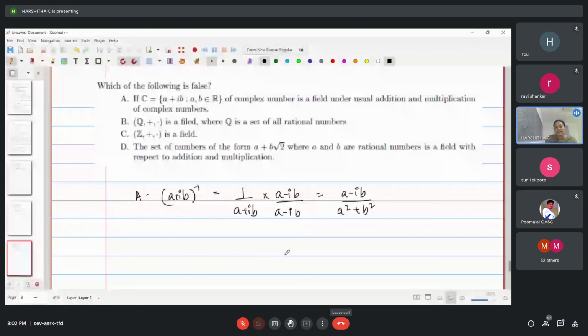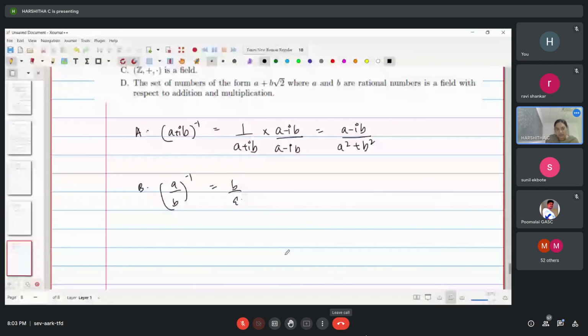And finally, the last one, you can do something very similar. You can just rationalize it. It is all elements of the form a + b root 2, where a and b are rational numbers. So 1 by a + b root 2, I'm multiplying numerator and denominator by a - b root 2.